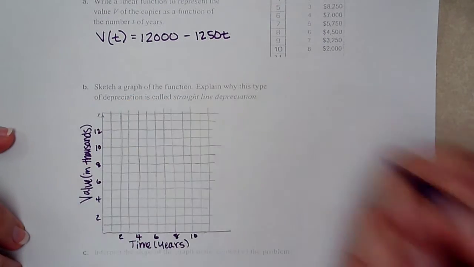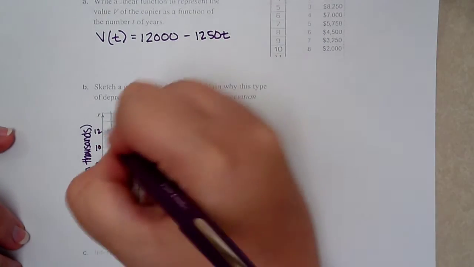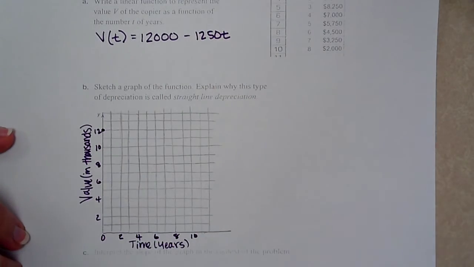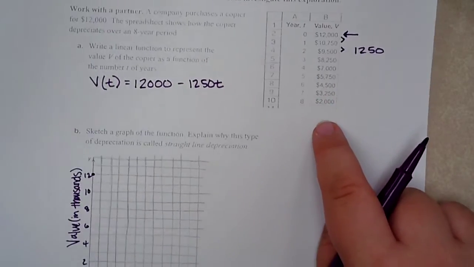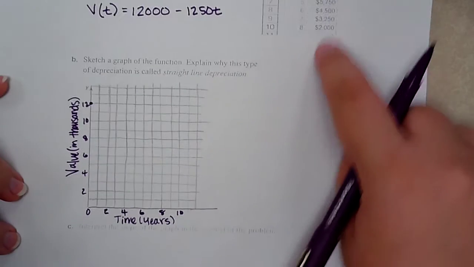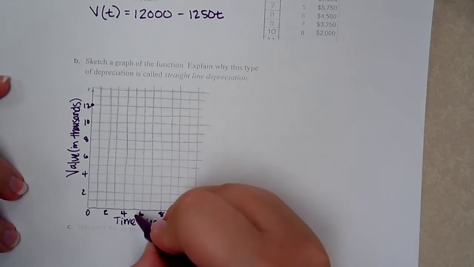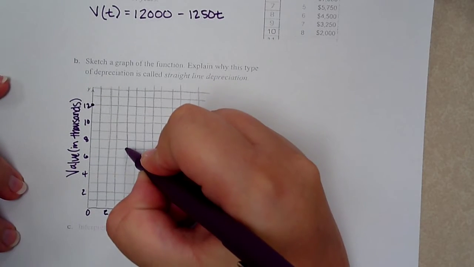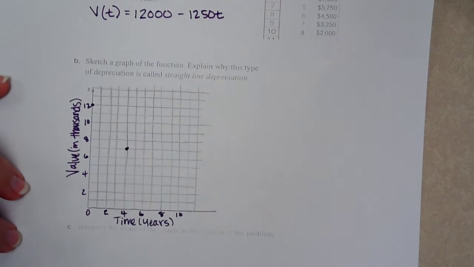We know it started off at year 0 at $12,000. A few of these are kind of in between the marks, so I'm just going to do the easiest one I see next, which is at year 4, it was worth $7,000, so I'm going to put that.